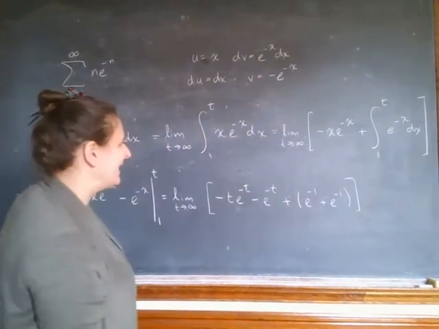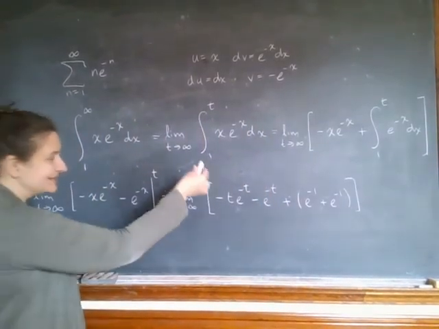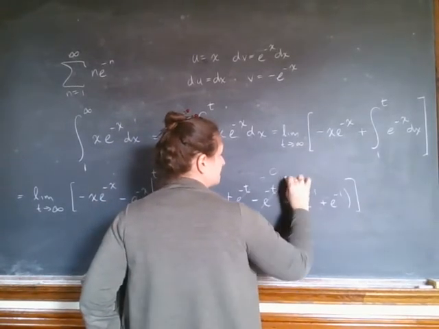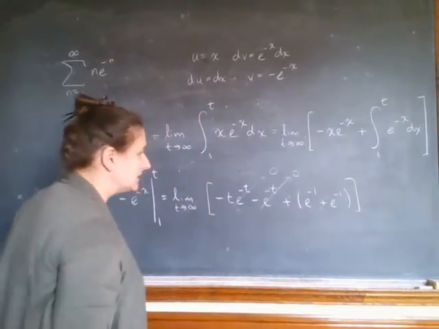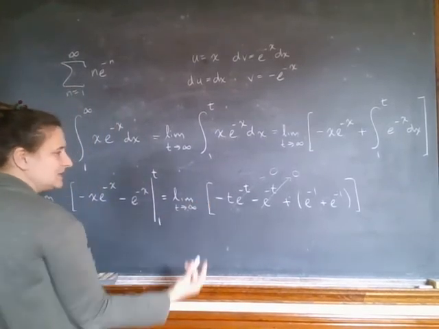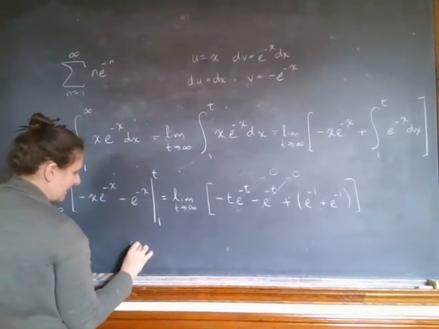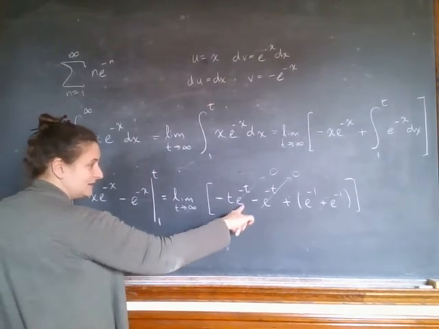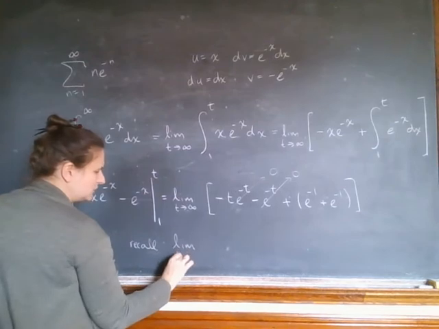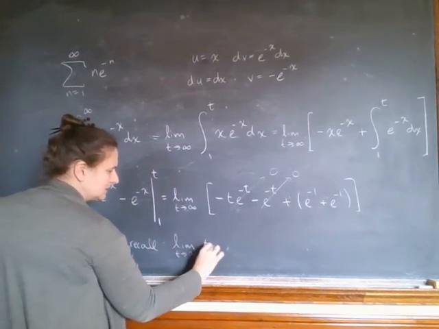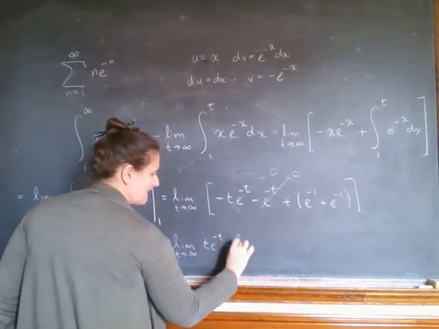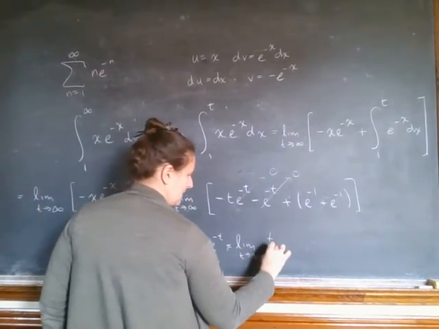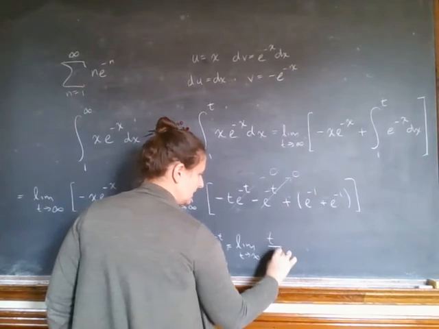Okay, and then both of these limits actually do go to 0, right? e to the minus t is going to go to 0. Now this t e to the minus t, that is a little bit of work, right? Because this is infinity times 0. But it's not too bad. t e to the minus t, I write it as t over e to the t.